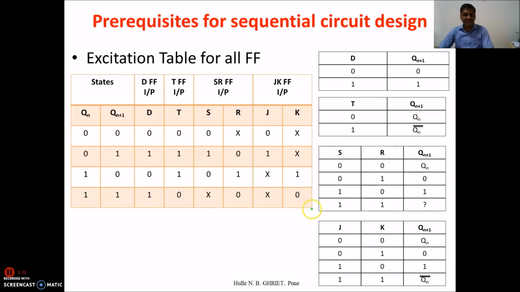Similarly, in case of the JK flip-flop, if the present state is 0, next state we want 1. Next state 1 is possible by applying the input 1 0.